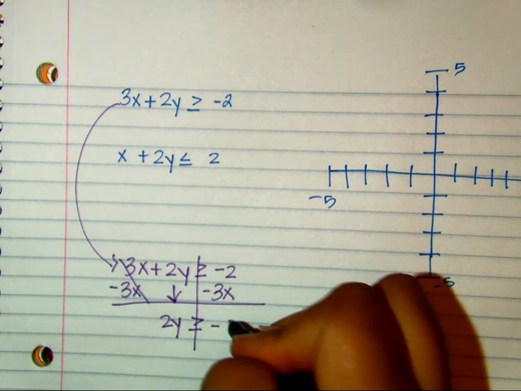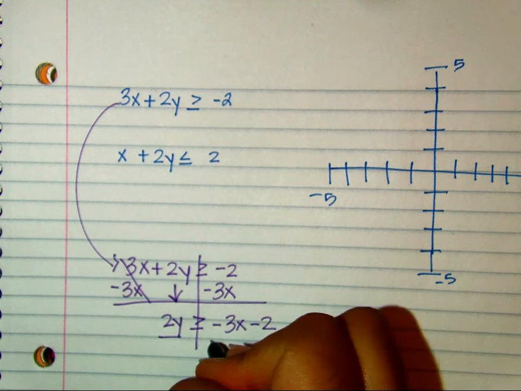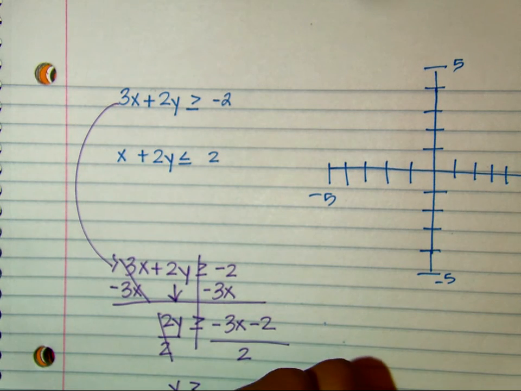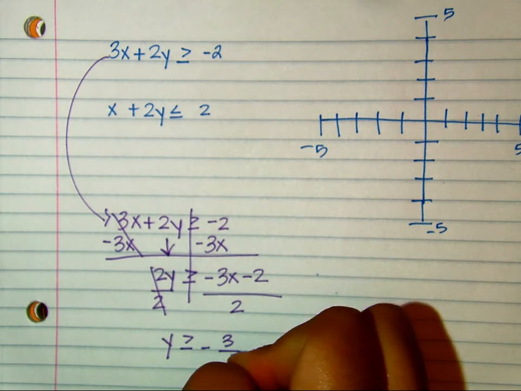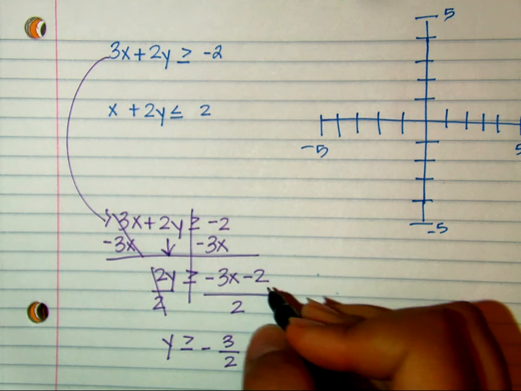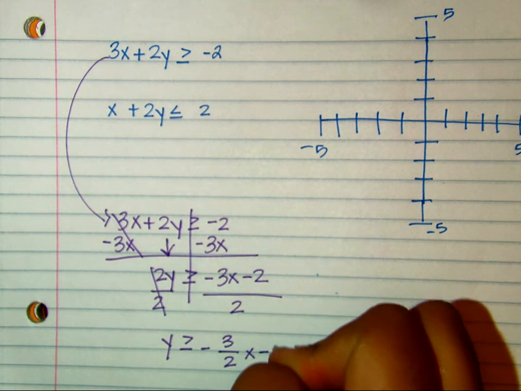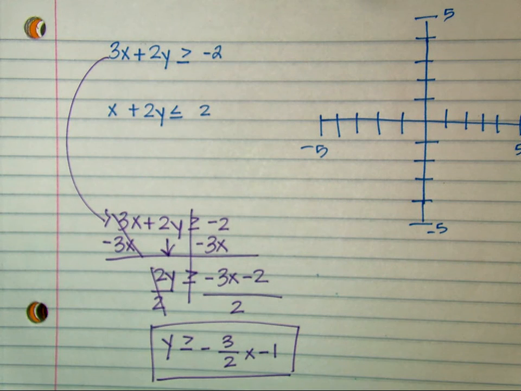So that'll be negative 3x minus 2. Now I need to divide both sides by a positive 2. So that will give me y is greater than or equal to negative 3 over 2x, and then negative 2 divided by positive 2 is going to be a negative 1. So this is my first new inequality.